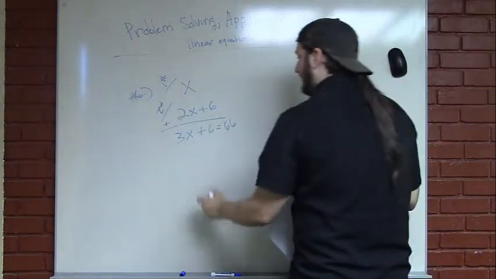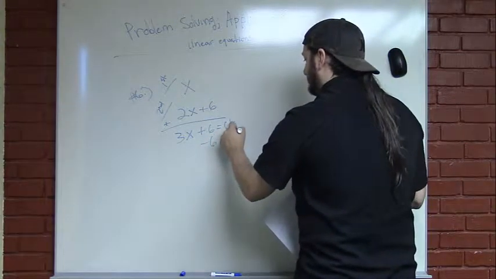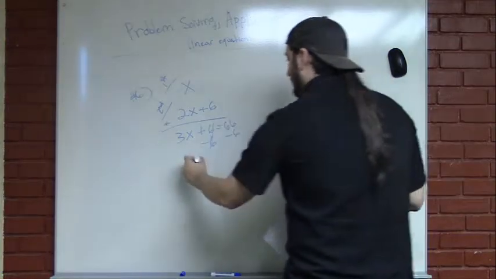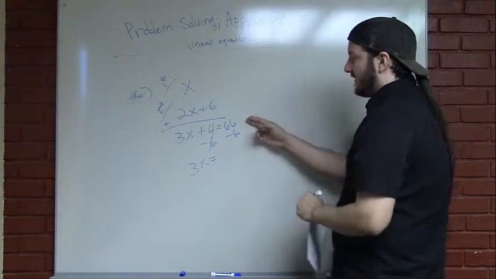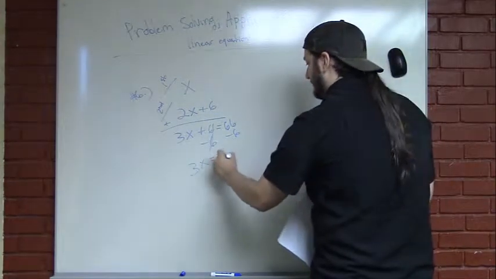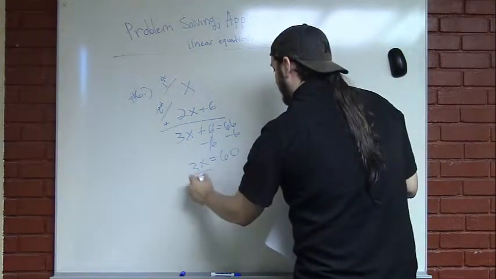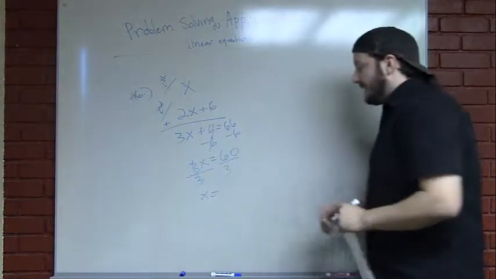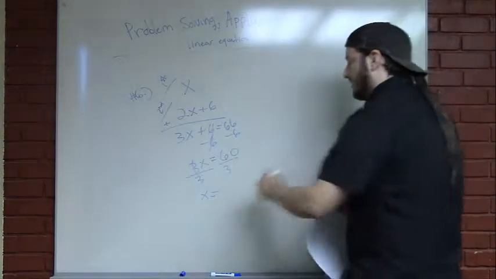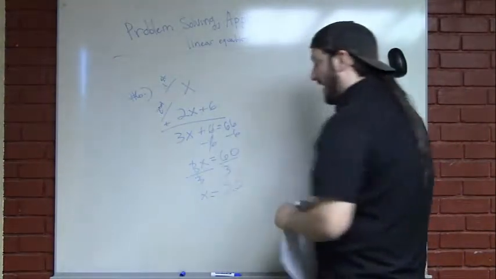Okay, so now we just solve for x. So you're going to minus 6, you're going to minus 6. So we have 3x equals 66 minus 6, which is 60. Divide over by 3. How many times does 3 go into 60? It goes in 20 times, okay?